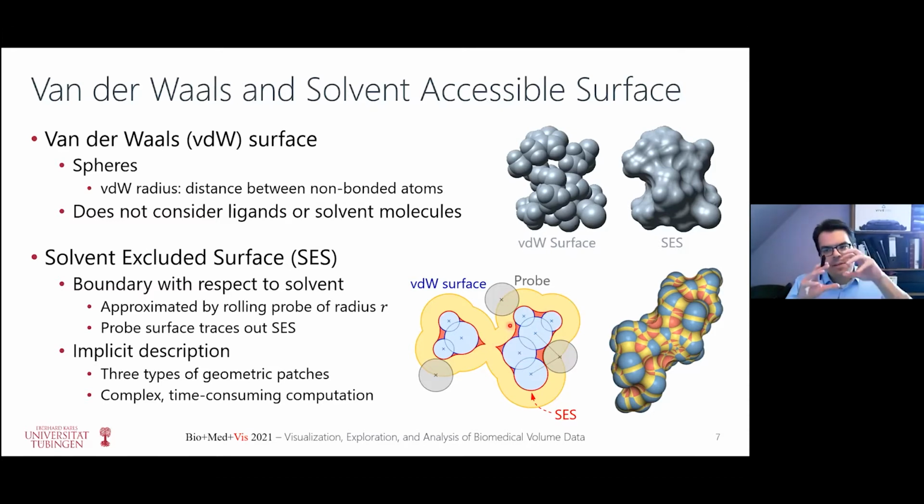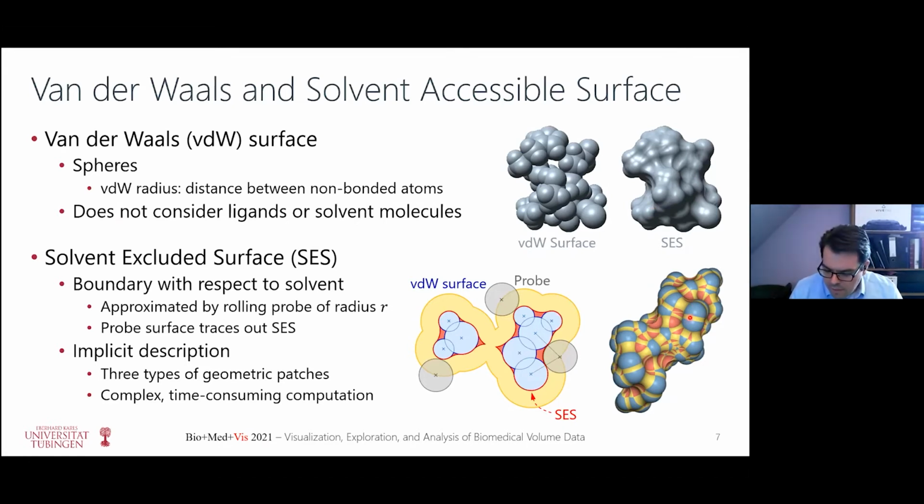So everything that is reachable by the sphere surface defines this red, or in this case here, the gray solvent excluded surface. So everything that's beneath the surface, underneath the surface, is not reachable by our ligand that has this radius.